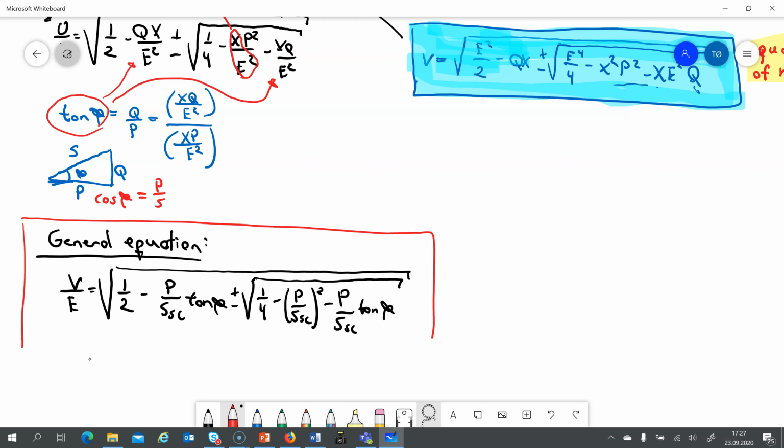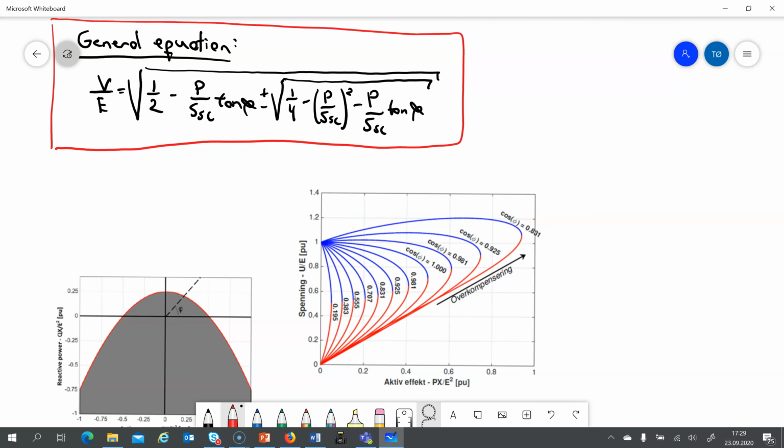So this is the general equation for the nose curve. If you plot this equation we have up here, then we will get this. This is the nose curve.